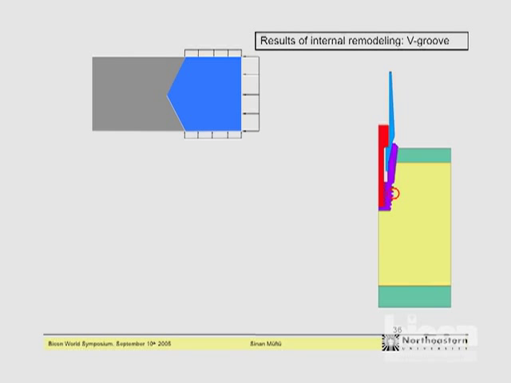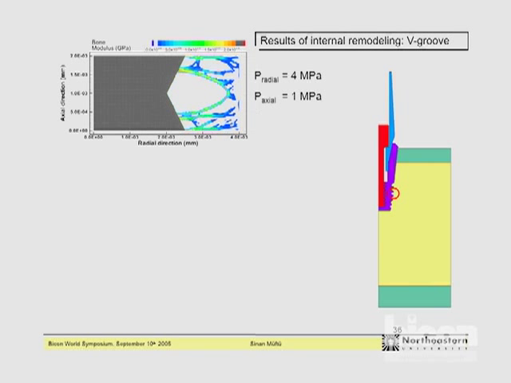And for simplicity, so far we have looked only at one groove. So for the low loading case, the model predicts that some cancellous bone structure happens. For example, the radial load in this case is 4 megapascals and the axial load is 1 megapascal.